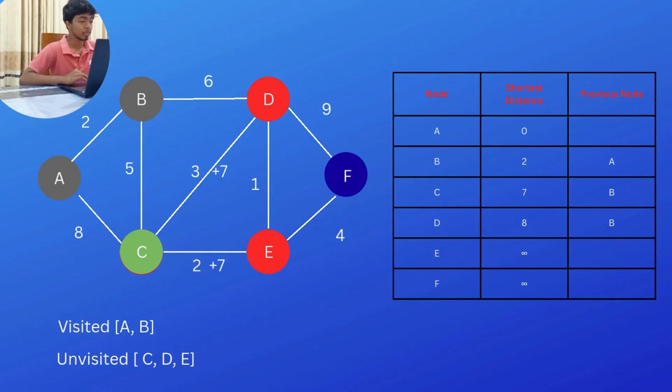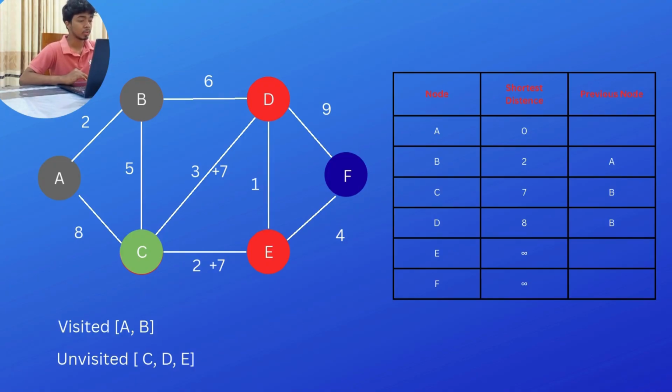So let's start with D. The distance from A to D over C is 10, 7 plus 3, but 10 is not less than our current distance 8 we have stored in our table. We won't update our distance to D. When we look at the node E on the other hand, the current distance we have in the table is infinity.